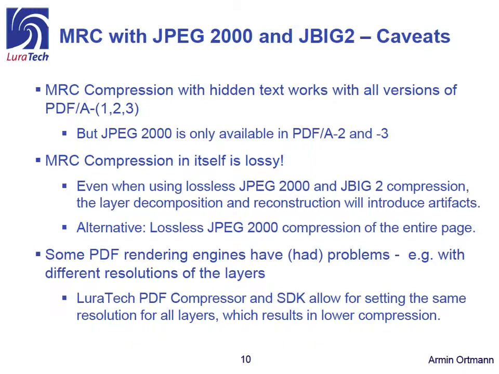Okay, a few more things to note about MRC compression with JPEG2000, JBIG2. As mentioned, JPEG2000 is only available in PDF/A-2 and A-3, but the general approach of MRC compression works with all 3 versions of PDF/A.